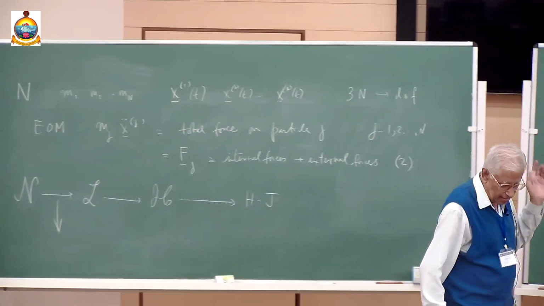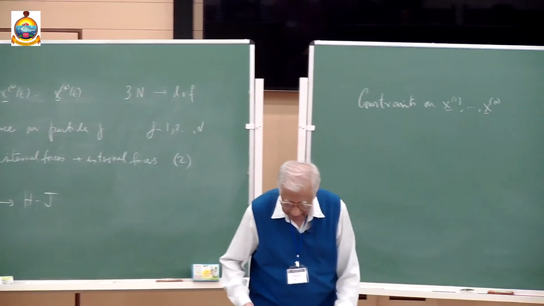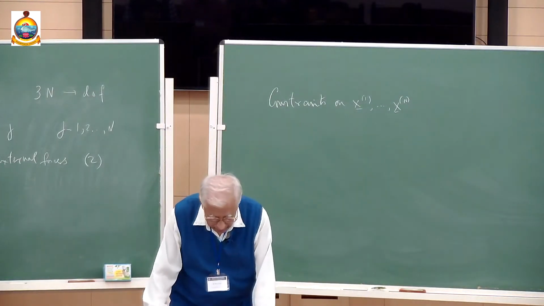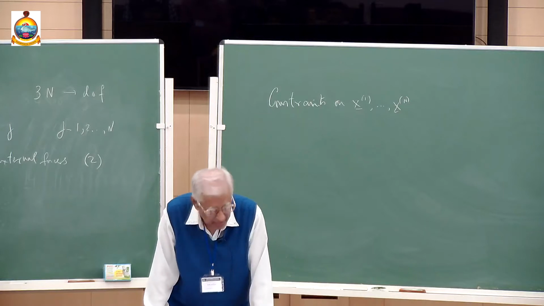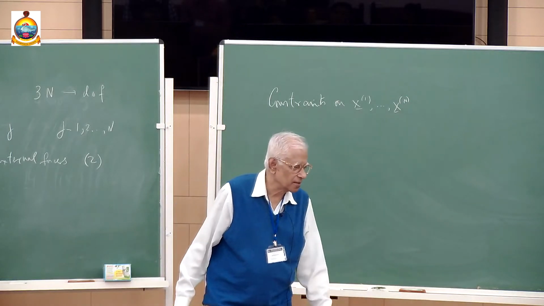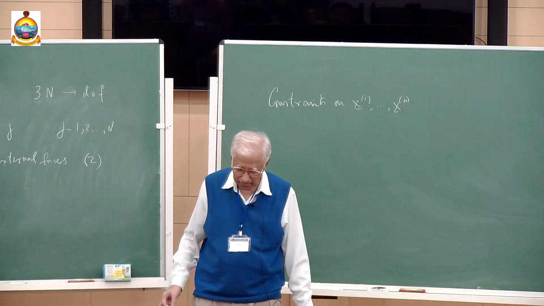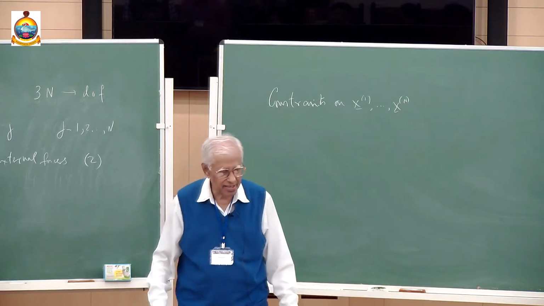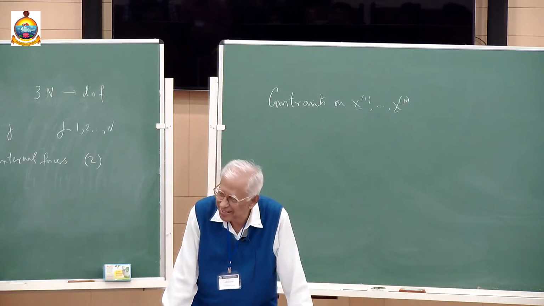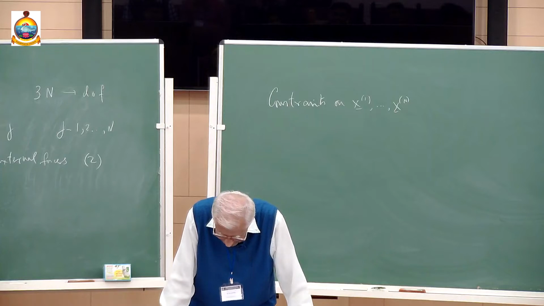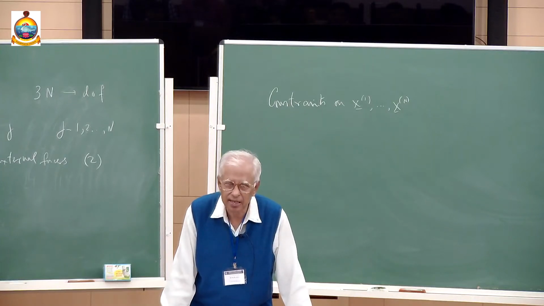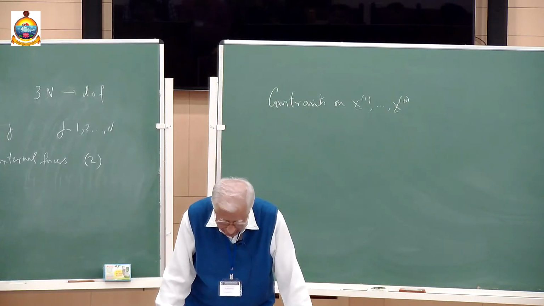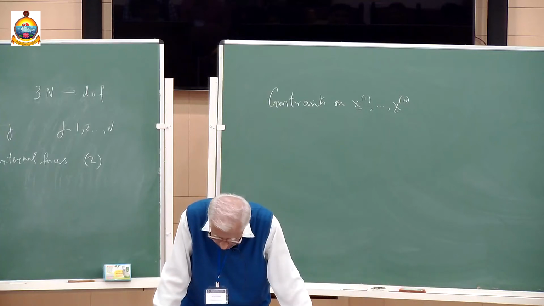Now, the constraints themselves, you can read Sommerfeld's book, for example. All these are very well described. There are different kinds of constraints which people define, one for each word in the Greek language. There are constraints which are called holonomic. I won't write it down. You will get the typed version soon.